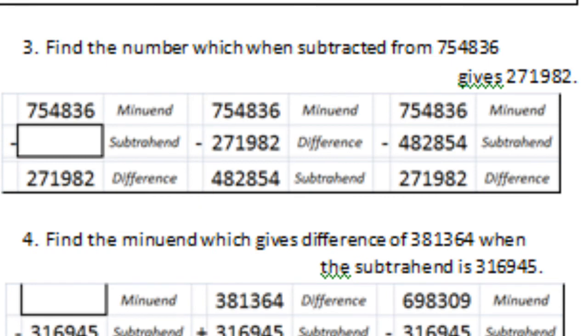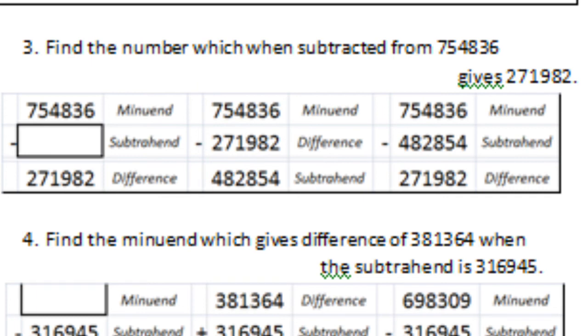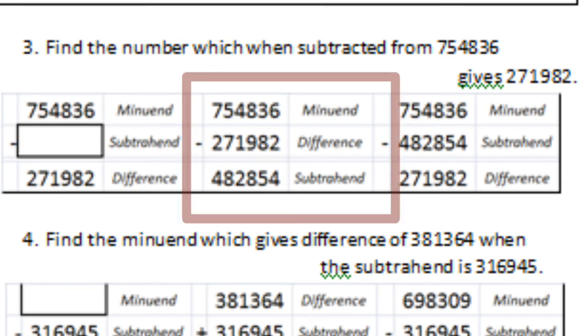Next, question number 3. Find the number which, when subtracted from 7,54,836, it gives 2,71,982. Here we have to subtract from, that is the minuend. The difference is 2,71,982. So we have to calculate the subtrahend. To get the subtrahend, we have to subtract the difference from the minuend.